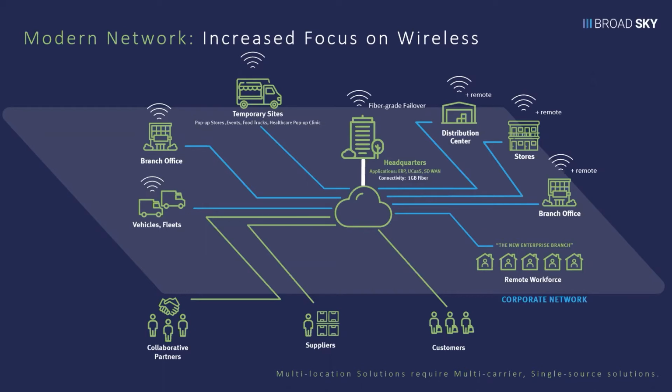Within here, where we're really focusing today is the remote workforce, temporary sites, branch office, and fleets. But even the branch has changed. Distribution centers have changed, right? People are looking for less expensive real estate. People don't want to come into the office. They want a flexible environment to work from home.